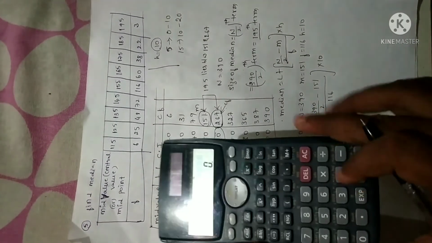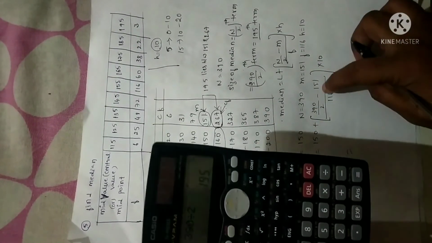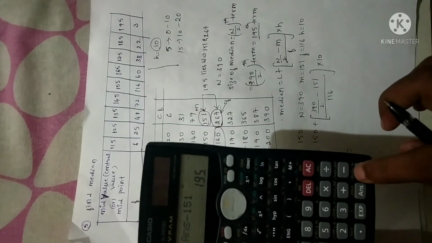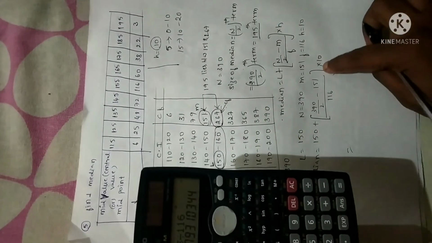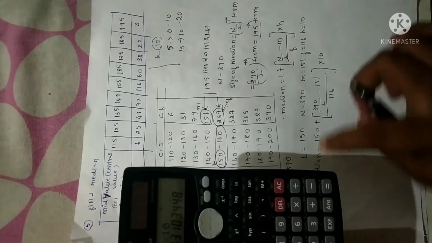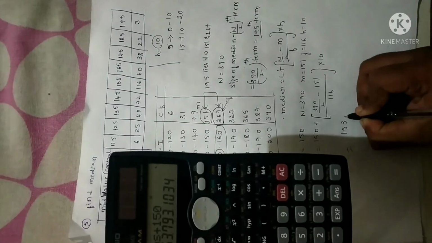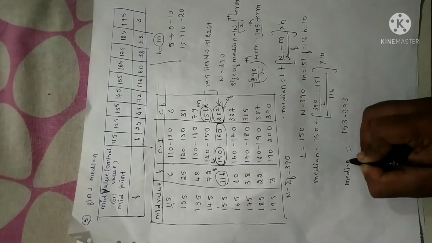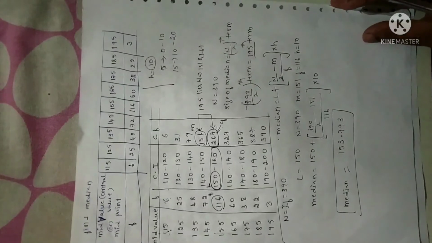First divide 390 by 2, you will get 195. Subtract 151. Next divide by 116. Next multiply by 10. Next plus 150. If you do this, you will get an accurate solution, 153.793. So the required median is 153.793.